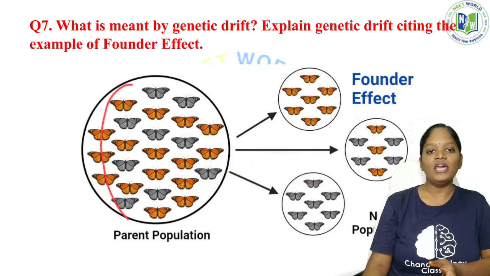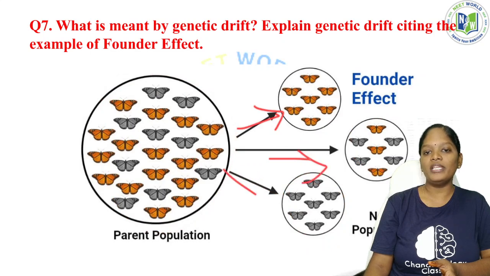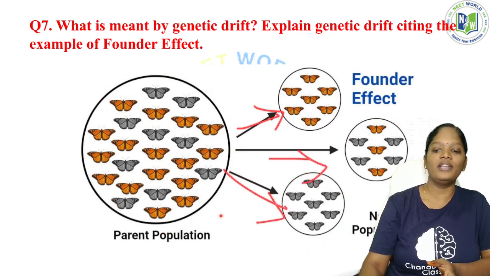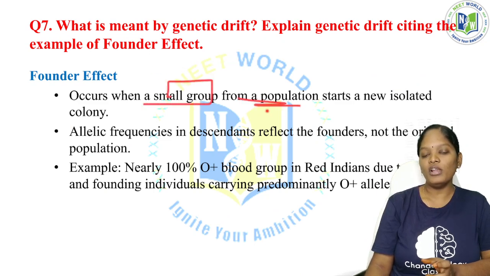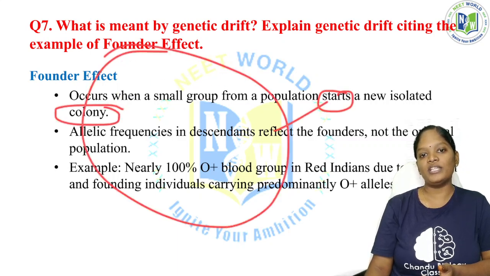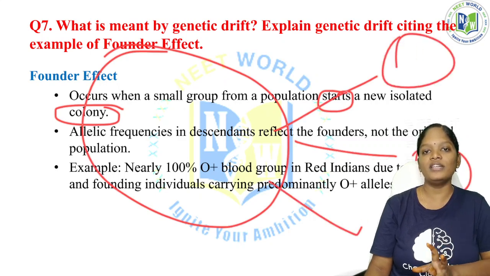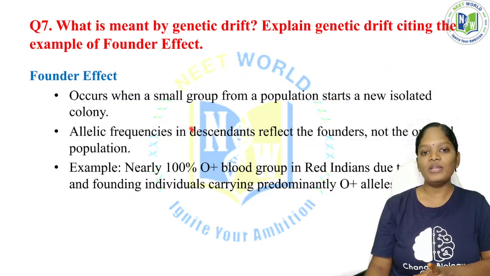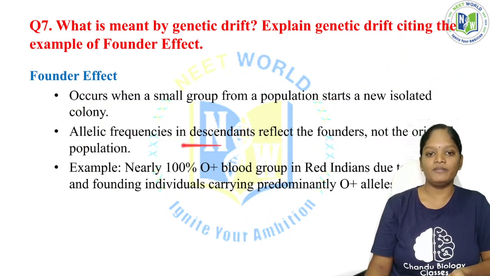So from one parent population, some new populations have been founded. This is called the founder effect. This occurs when a small group from a population starts a new isolated colony. From a bigger parent population, a new smaller population has been founded. Allele frequencies in descendants reflect the founders but not the original population.